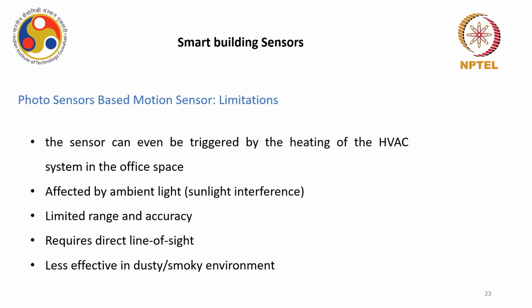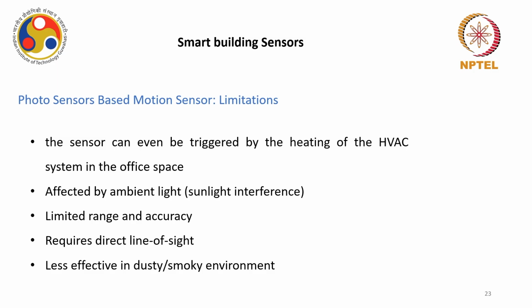However, there are certain limitations associated with these photo sensor based motion detectors. The sensor can even be triggered by the heating of HVAC systems in the office space. If the detector is based on pyroelectric devices, it can be easily triggered by heat, which is of course very common when the HVAC systems get heated when operating for a longer time.